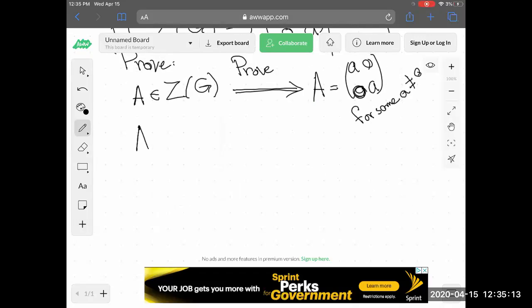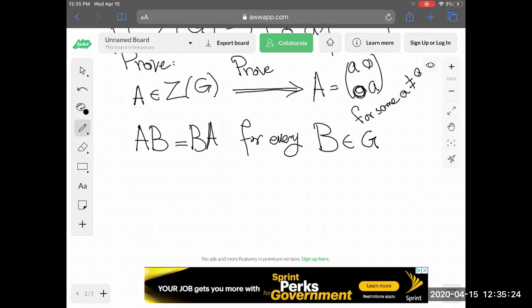It means AB should be equal to BA for every B in our group.